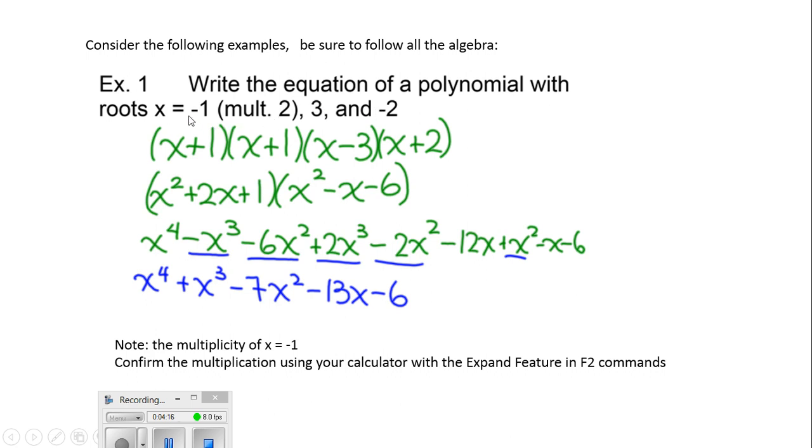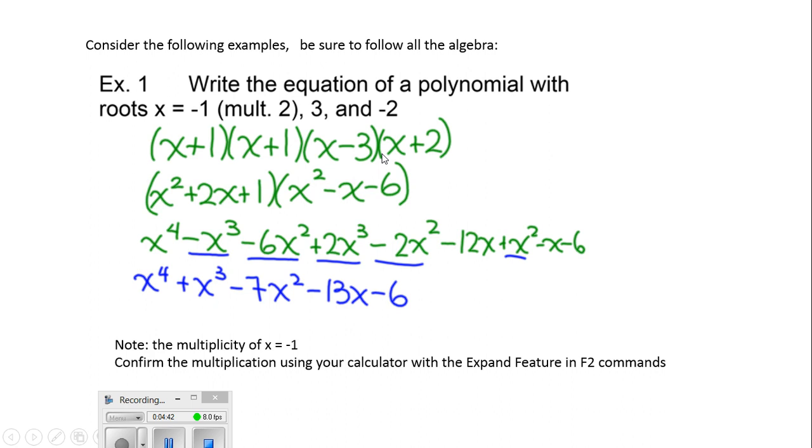So x equals -1 as a solution would have a factor of x plus 1. Since it's a multiplicity, it would be x plus 1 times itself, giving us x squared plus 2x plus 1.